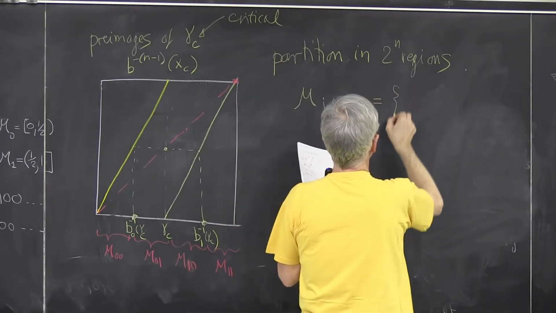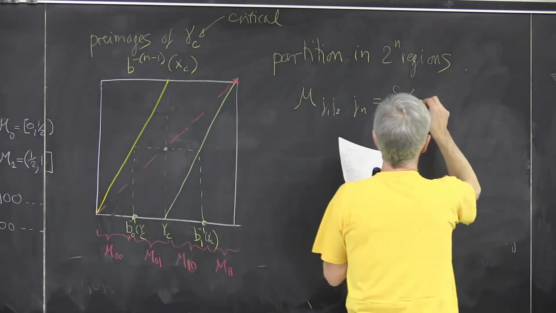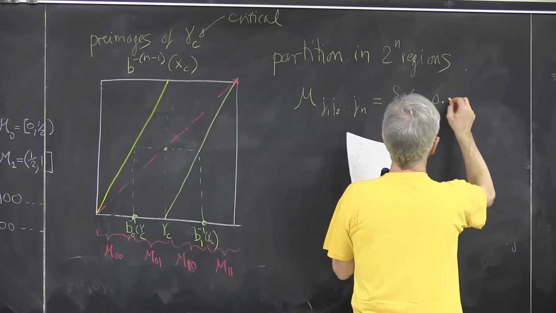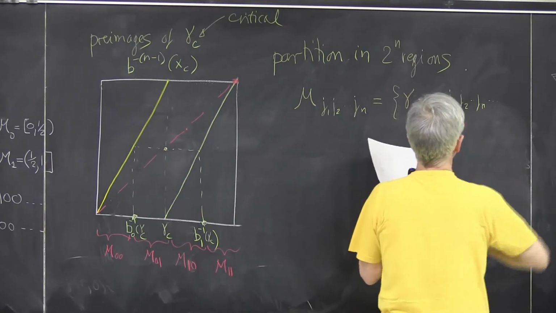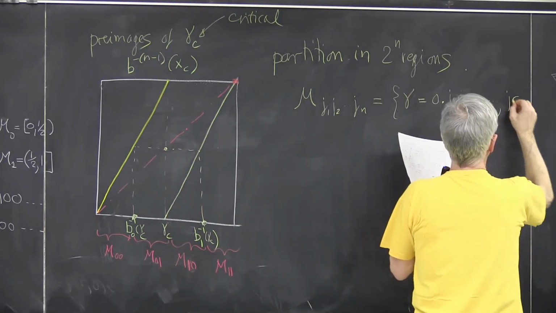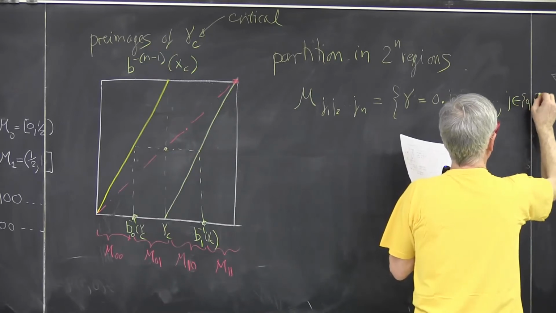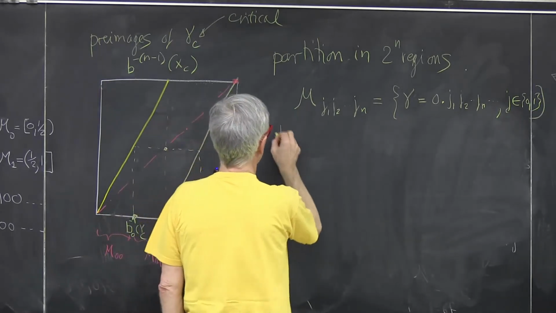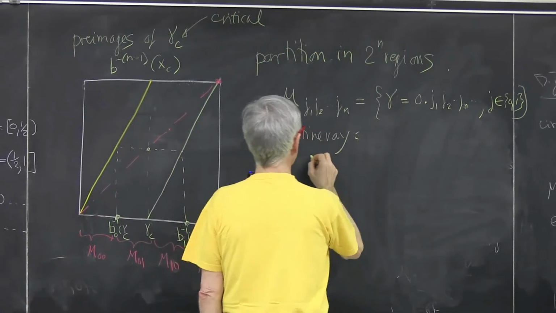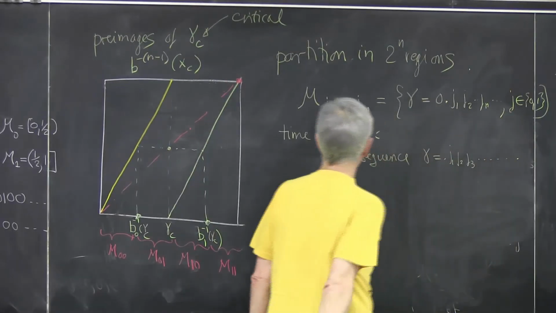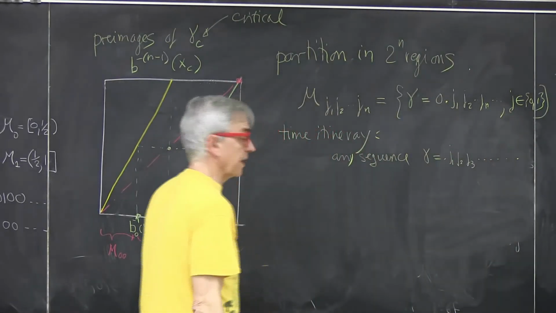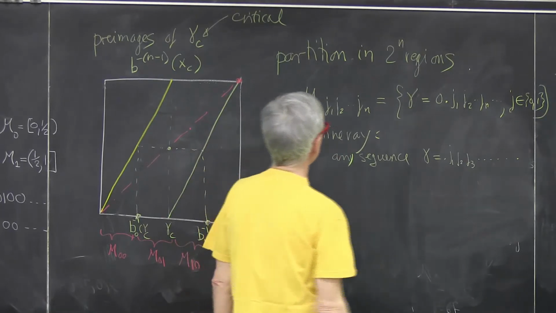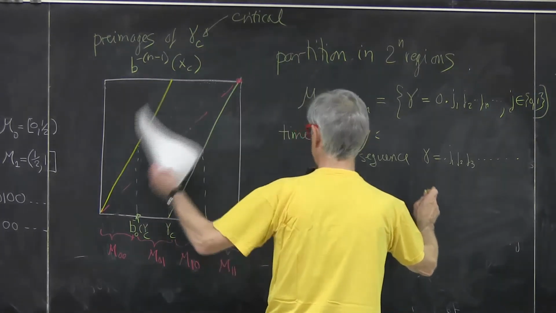And that's just the set of all initial points gamma which share the first n binary digits J1 to Jn, and then anything can happen, where each J is either 0 or 1. The time itinerary is very simple. It's any sequence up to infinity, and any such sequence is allowed. So you just tell me what you want, and I tell you that's your orbit in physical space.